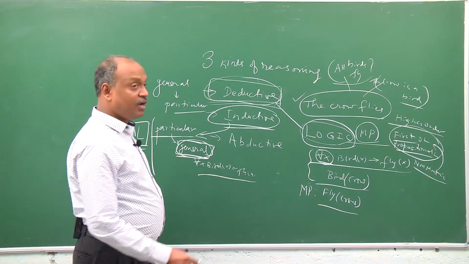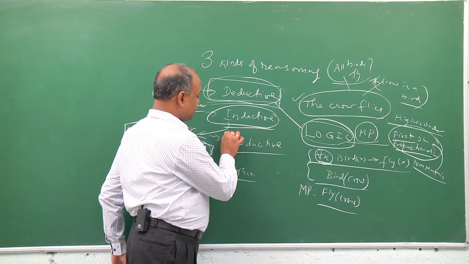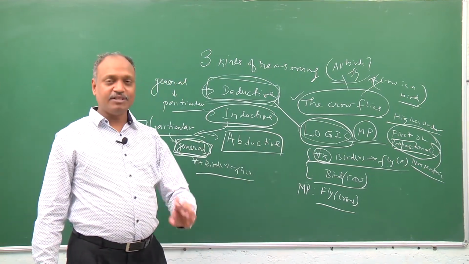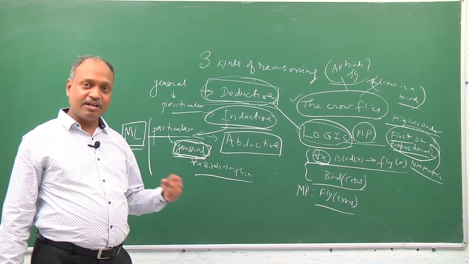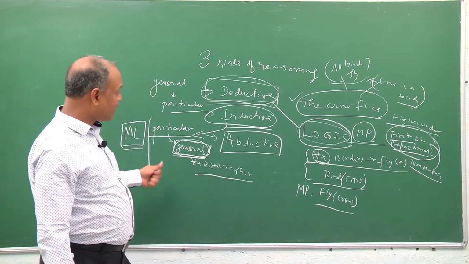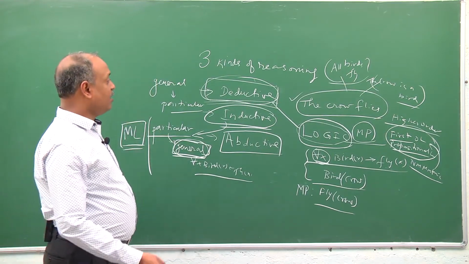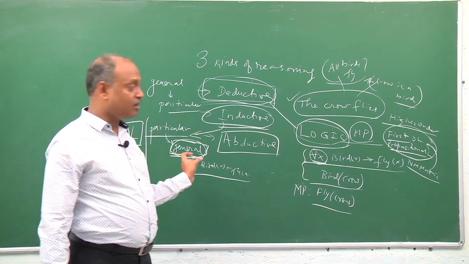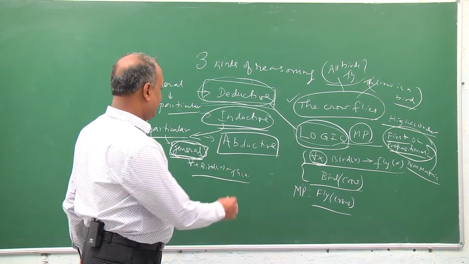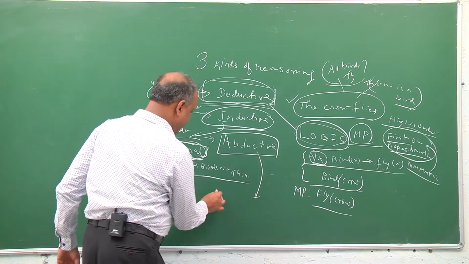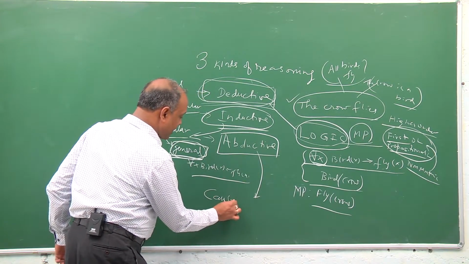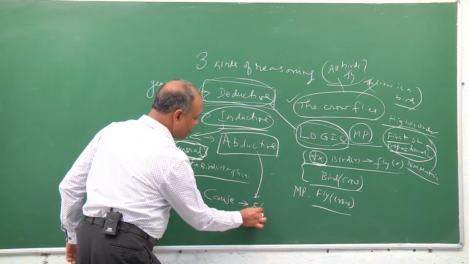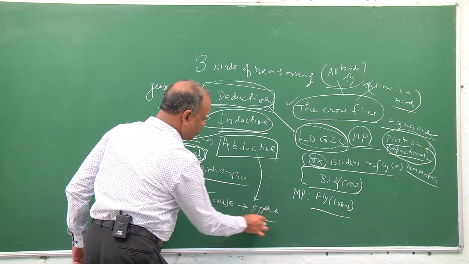The last of these is what is known as abductive reasoning. Abductive reasoning is a third category of reasoning where it's not about going from particular to general or general to particular, but is a specific category of problems of the form cause and effect.